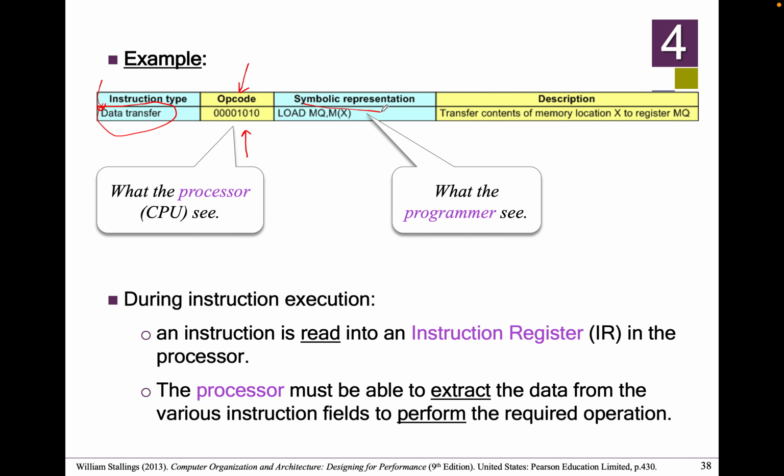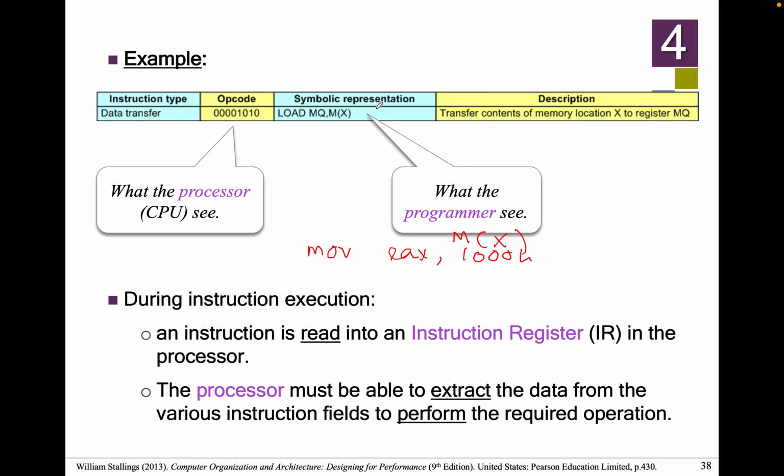And symbolic representation, you're going to have load MQ, MX. This is an example of what your programmer writes. See, you are the one who programs. So normally you will see, like, move EAX, 1000 hash, let's say, okay. This is an example. Or maybe you have MX address there. So it depends.